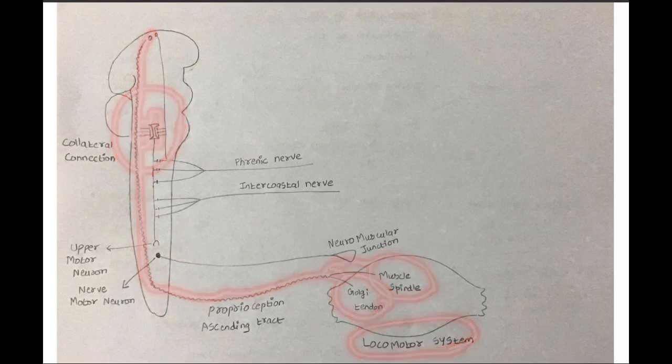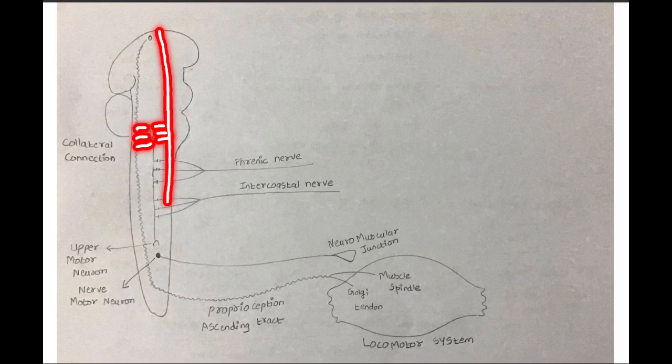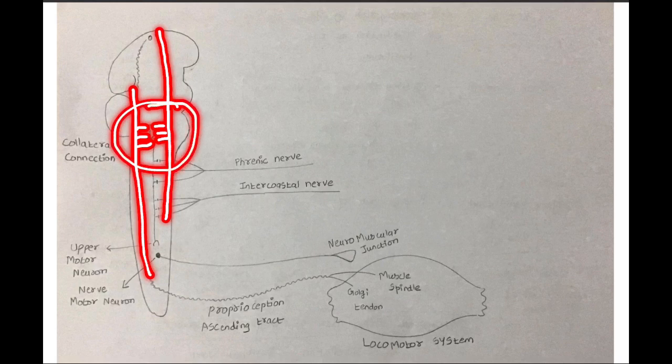So what are these signals? Whenever the action potential from the cerebral cortex or from the proprioception receptors, these signals are known as the collateral connection.